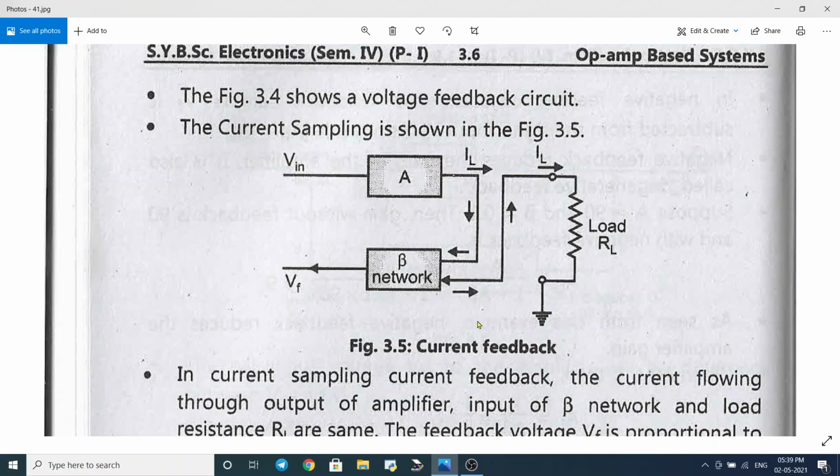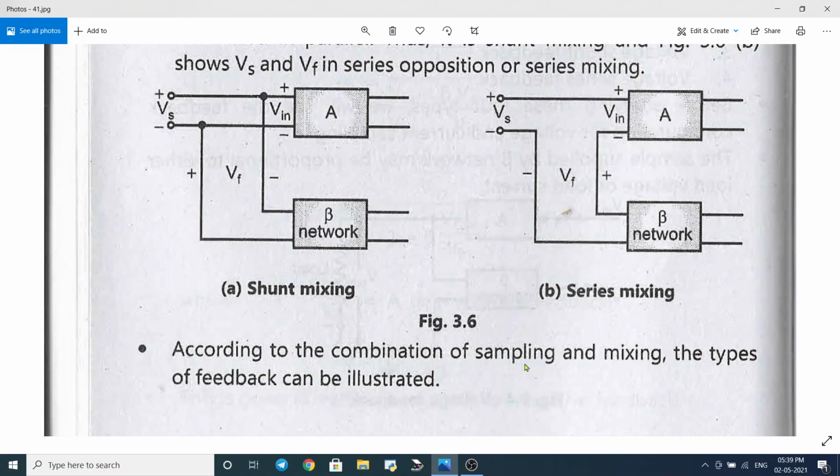So depending upon the sampling, there is either voltage feedback or current feedback. The sampling is at the output, at the load, but when we feed back at the input, that is called mixing.